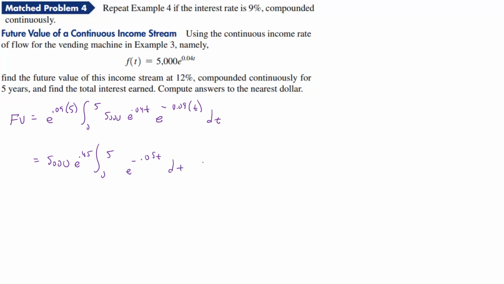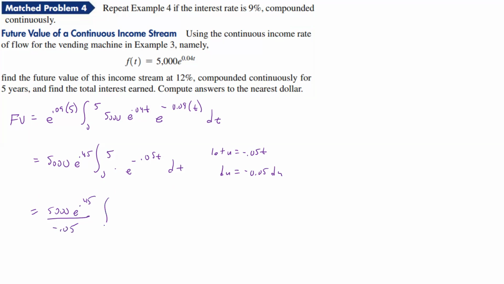Now we can say, let u equal negative 0.05t, du equals negative 0.05 dt. And so we have to divide this by a negative 0.05. So now we have 5,000 e to the 0.45 divided by a negative 0.05.